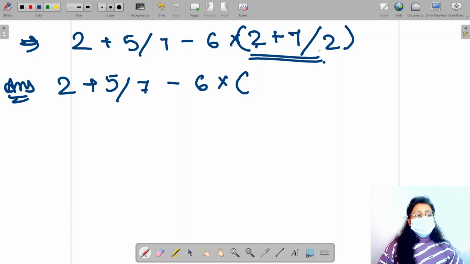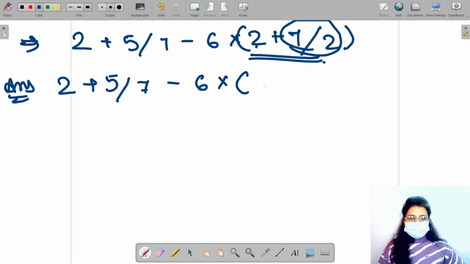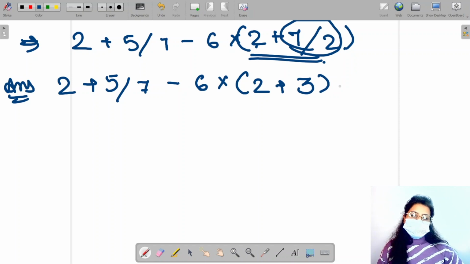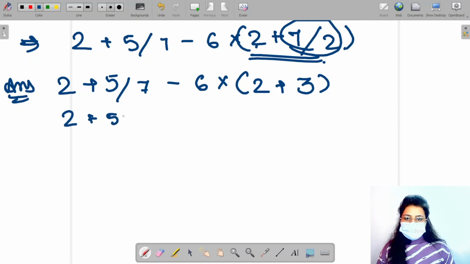In this bracket also, this divide operator will get solved first, then the others. So we'll get 2 plus 7 by 2, which gives 3 point something, but of course we'll ignore the decimal part. So we would have 2 plus 5 by 7 minus 6 into 2 plus 3 is 5.